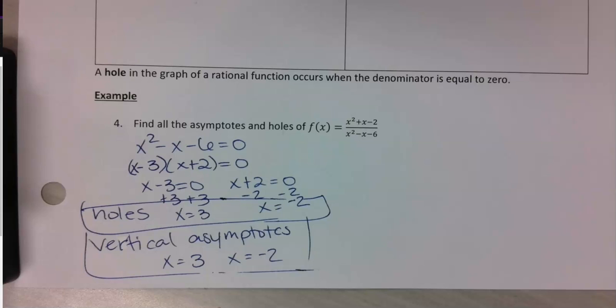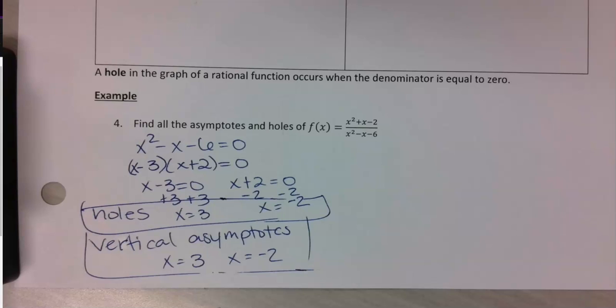I said the denominator is always used to find vertical asymptotes, and the numerator is only used to decide if I have a horizontal, and then what it is. So there would be no horizontal, or it would be 0?